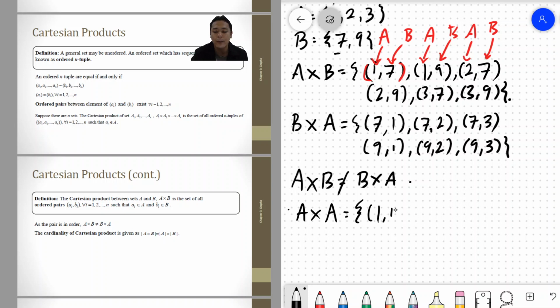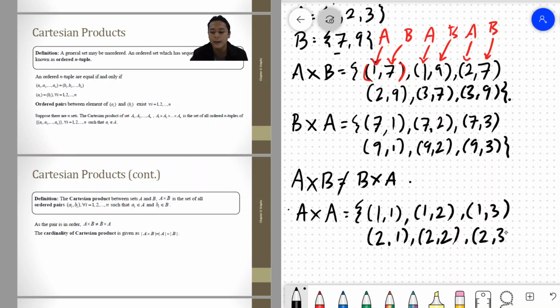You will have (1, 1), (1, 2), (1, 3), (2, 1), (2, 2), (2, 3). You finish it off with (3, 1), (3, 2), and also (3, 3). It's that simple. Can you do this for B times B as well?